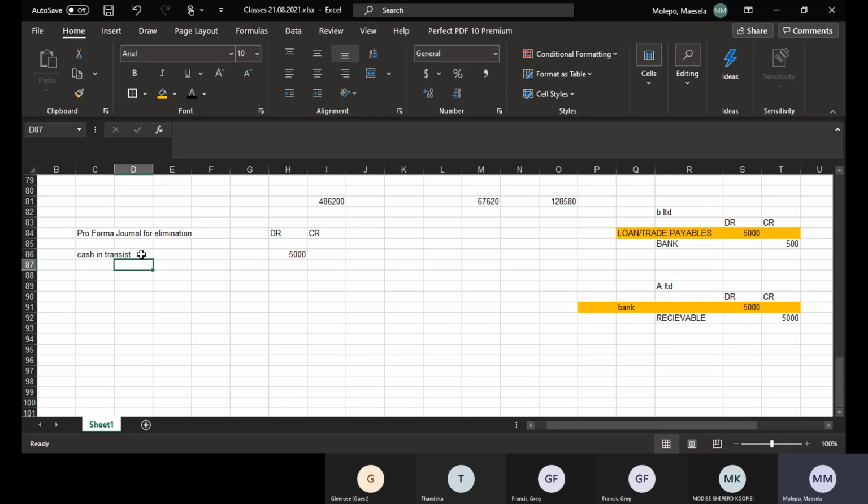However, the cash is paid, but it's not yet received on the other side. So it means the loan is still standing. So the loan will be on the credit side because it still remains, it's not yet reduced by 5,000. I don't know if this makes sense.